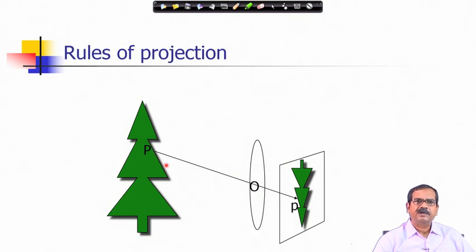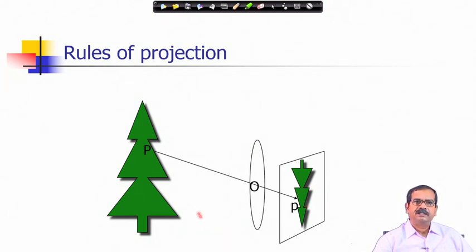Let us look once again, more minutely, at the rule of projection that I mentioned here, which provides a very simple mathematical tool to compute, given a point P in the three-dimensional world, what should be its corresponding image point in a two-dimensional plane.